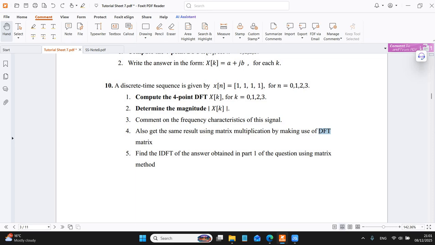Okay, use DFT matrix and compute it. Then find IDFT of answer to obtain x of n. Okay, so it is little bit lengthy.